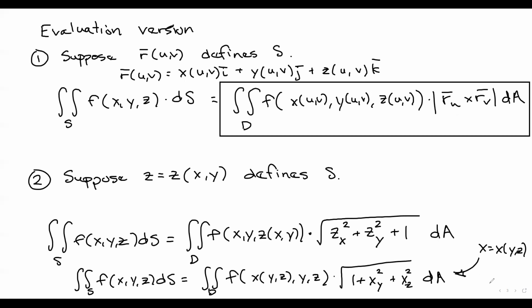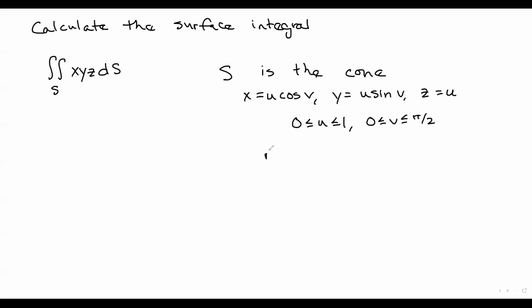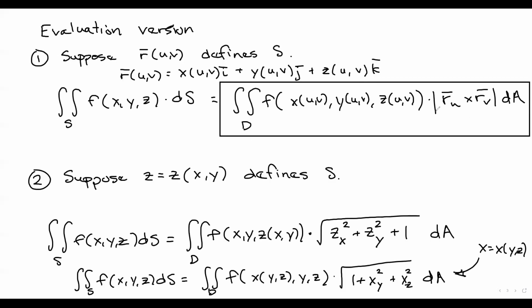So the first thing to do is to rewrite this. This is r of uv equals u cosine v i plus u sine v j plus u k. I would go ahead and rewrite this into the r format, because we do end up using that r format in our problem.